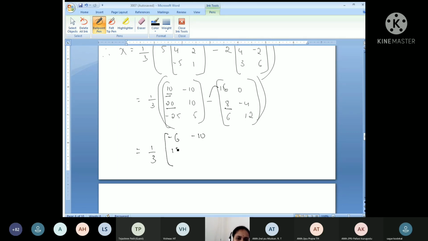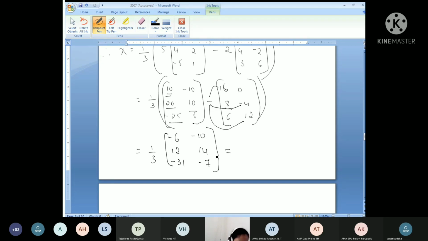How much is it? 12. See, minus into minus is plus, so 10 plus 4 is nothing but 14. Minus 25 minus 6 is nothing but minus 31. Next you see 5 minus 12. 5 minus 12 is nothing but minus 7.